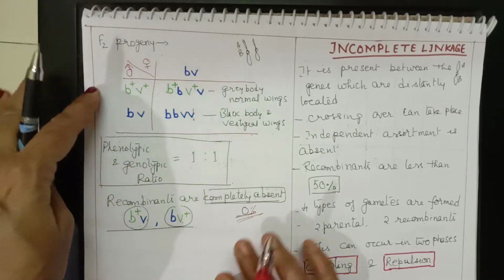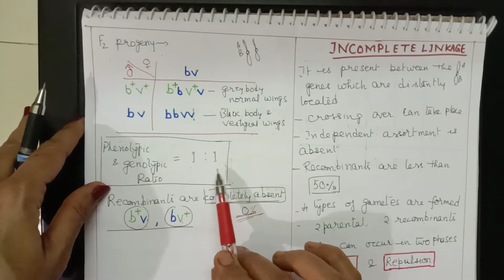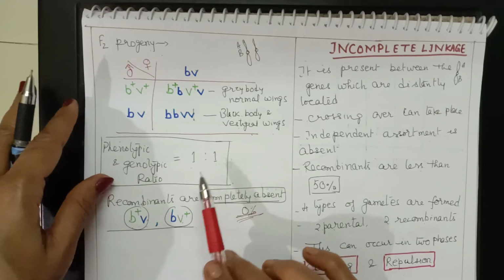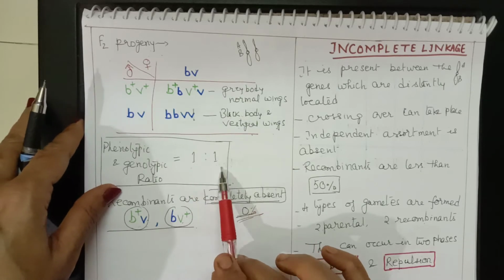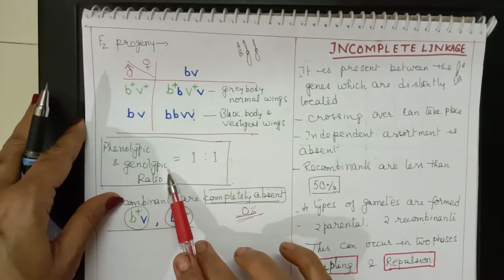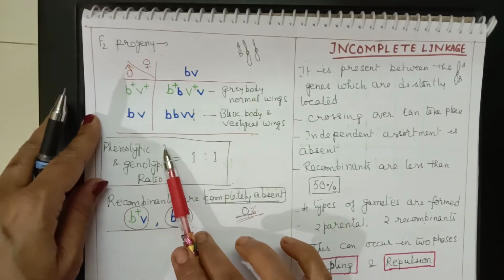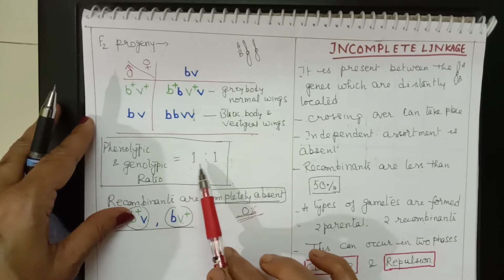If there are no recombinants at all and the test cross ratio is 1:1, then we can say it is a complete linkage. That is, it is a dihybrid test cross ratio. You may get confused with monohybrid. It is not a monohybrid. We are taking two characters. So in the dihybrid test cross, we are getting 1:1.